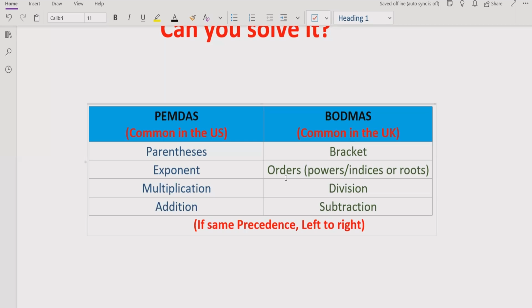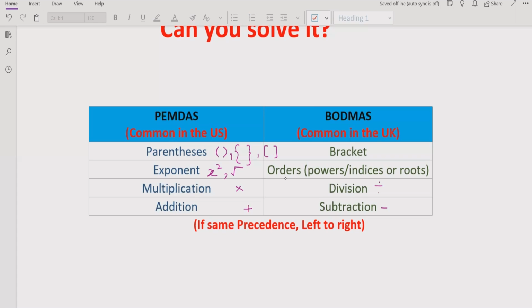Both rules are the same. P is for parentheses and B is for brackets, so both cover round, curly, and square brackets. Exponent or order means x squared or any root value. And then we have multiplication, division, subtraction, and addition.